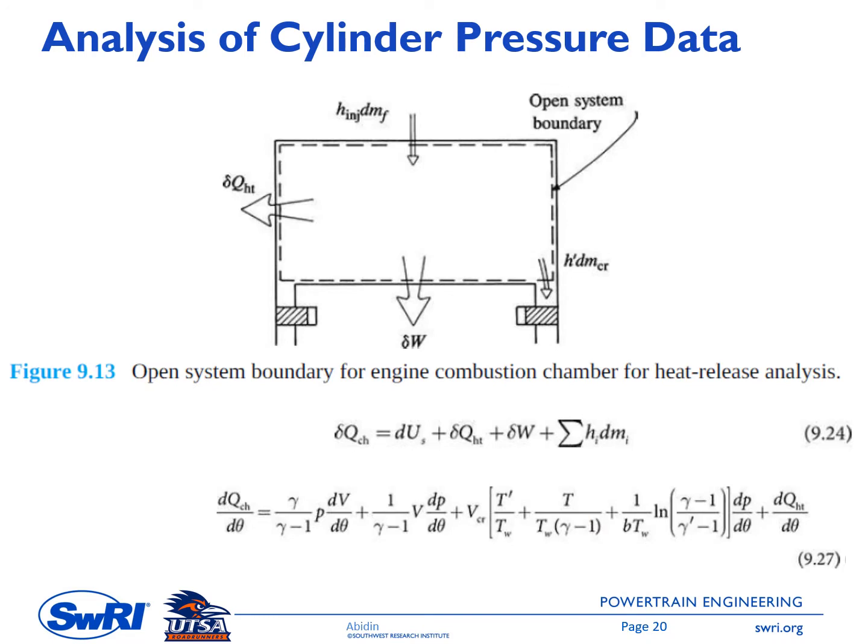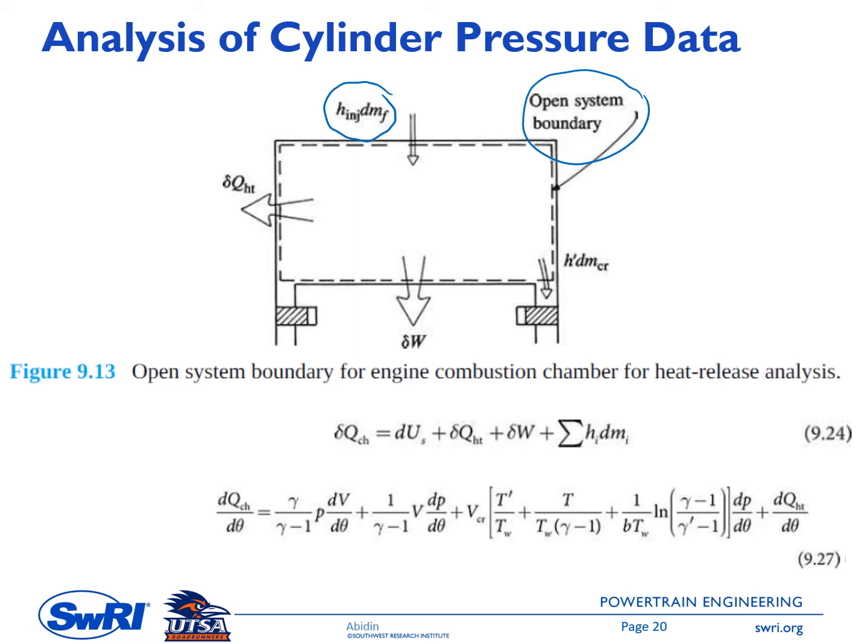Now let's take a look again at the thermodynamic analysis of the system inside the combustion chamber. The thermodynamic system is shown in this schematic. The system boundary is represented by the dashed line. Fuel comes into the system, assuming it is a GDI or diesel engine.